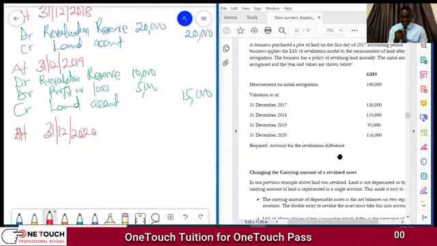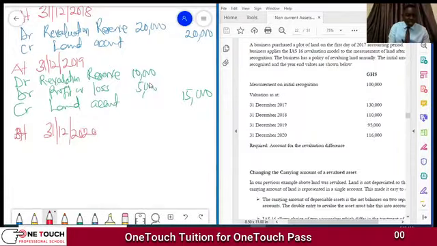Now, this gain, we need to again reverse the loss of 5,000, which we debited to P&L. Now we have to credit P&L with 5,000, and credit revaluation reserve with the difference of 16,000, and debit the asset.